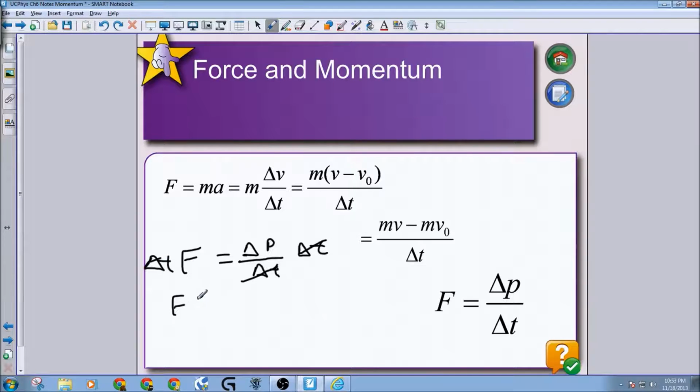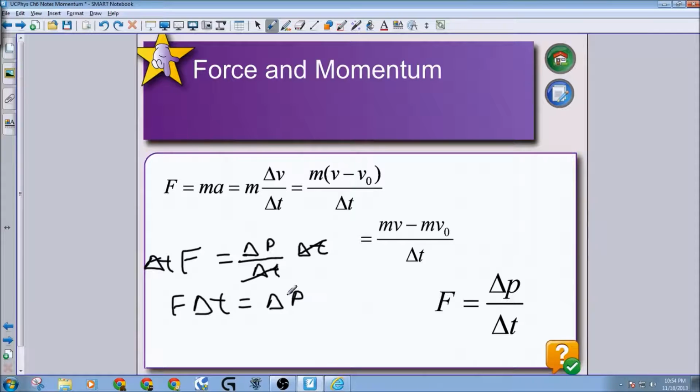Most people will write that like this: force times change in time. Yesterday we covered how force times change in time was what we defined as impulse. That's our definition of impulse: a force acting on an object over a period of time.